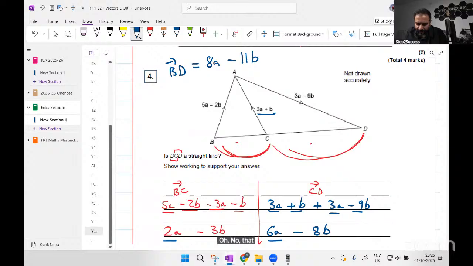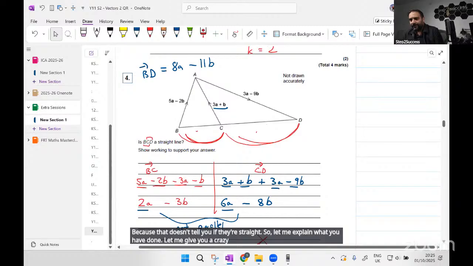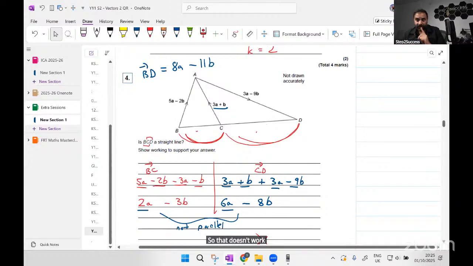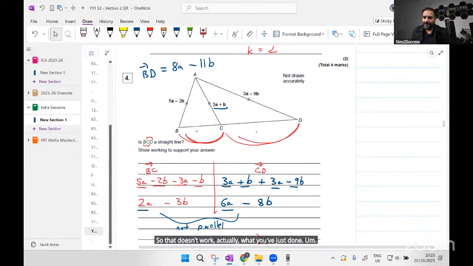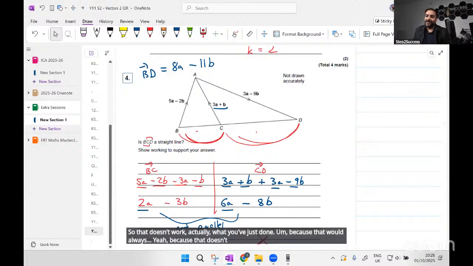No, that doesn't work because that doesn't tell you if they're straight. So let me explain what you have done. Let me give you a crazy scenario to show what you have done. That doesn't tell you anything about straightness. So let me give you a scenario.